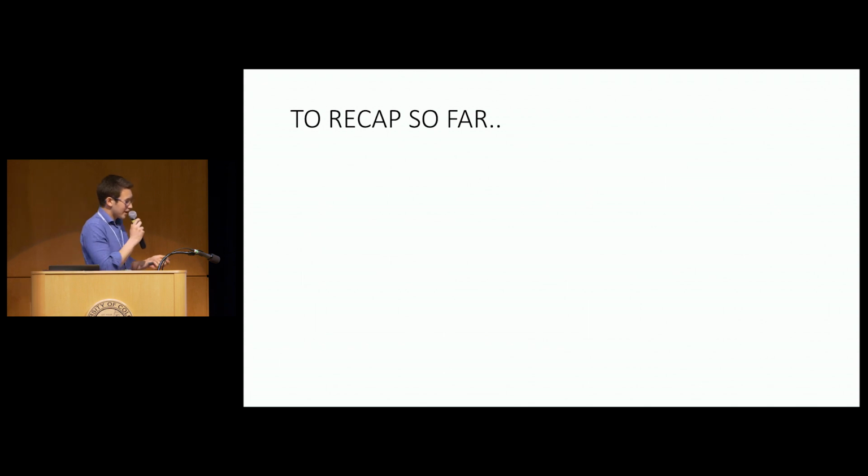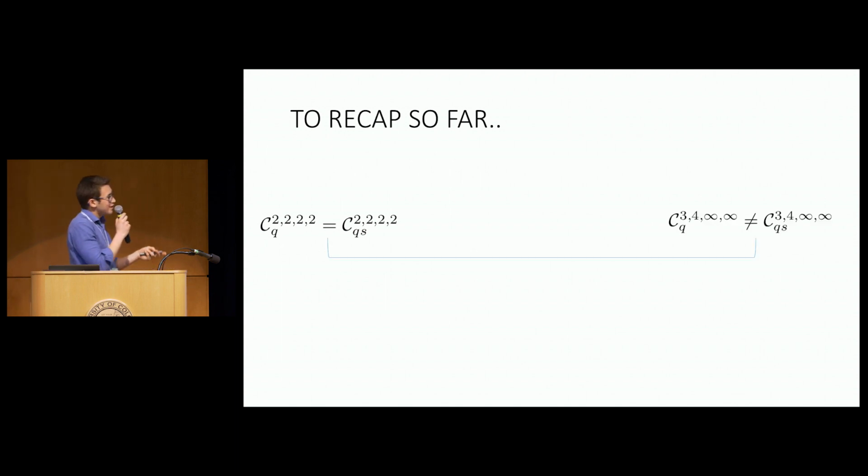So to recap what we have so far, on one end of the spectrum, we have the simplest scenario, the 2,2,2,2 case. In this case, finite and infinite dimensional quantum correlations are the same. On the other end of the spectrum, I just argued that in the 3,4-infinity,infinity case, there's a separation; they're different.